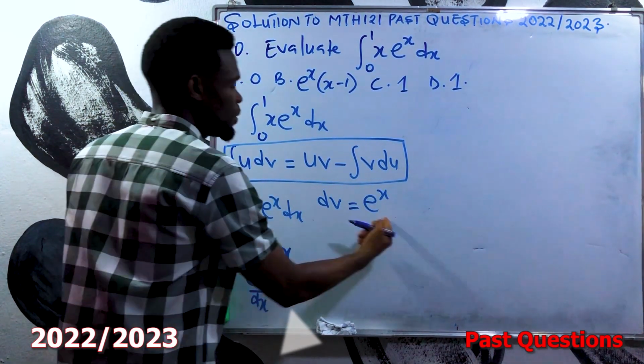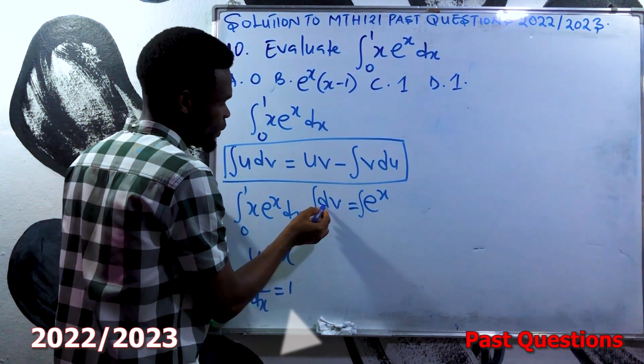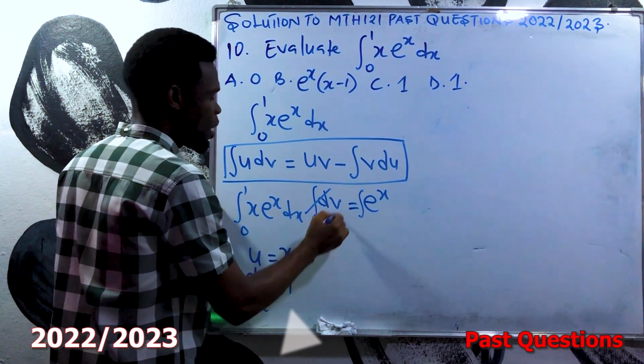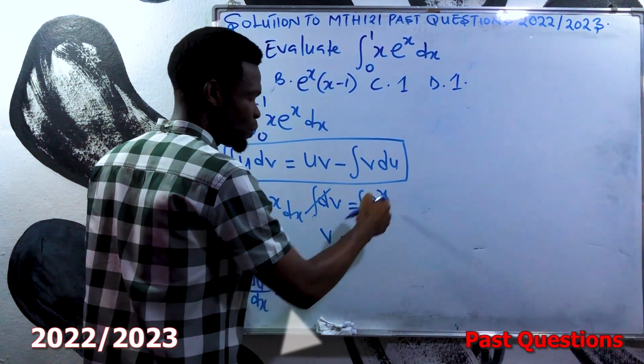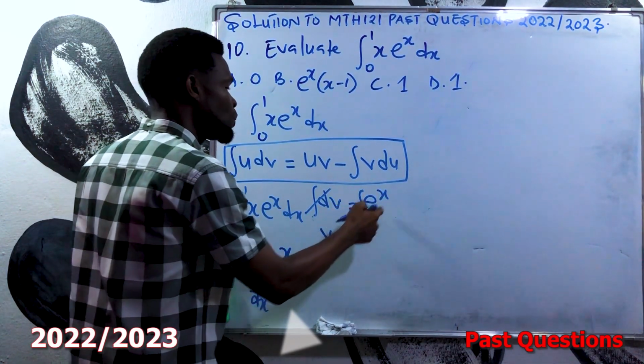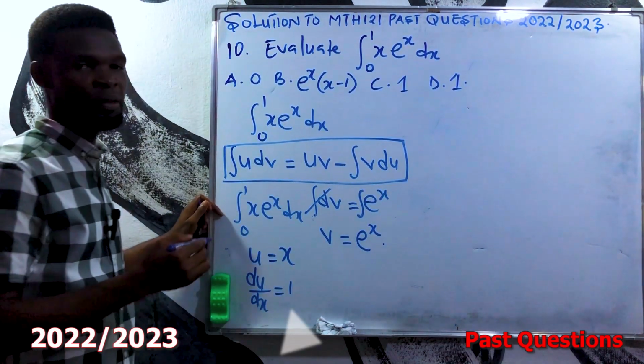Okay. Integrate both sides. So if I integrate both sides, differentiation and integration will go. I'll be left with v equals to, what is the integral of exponential x? The integral of exponential x is still exponential x. I am done integrating.